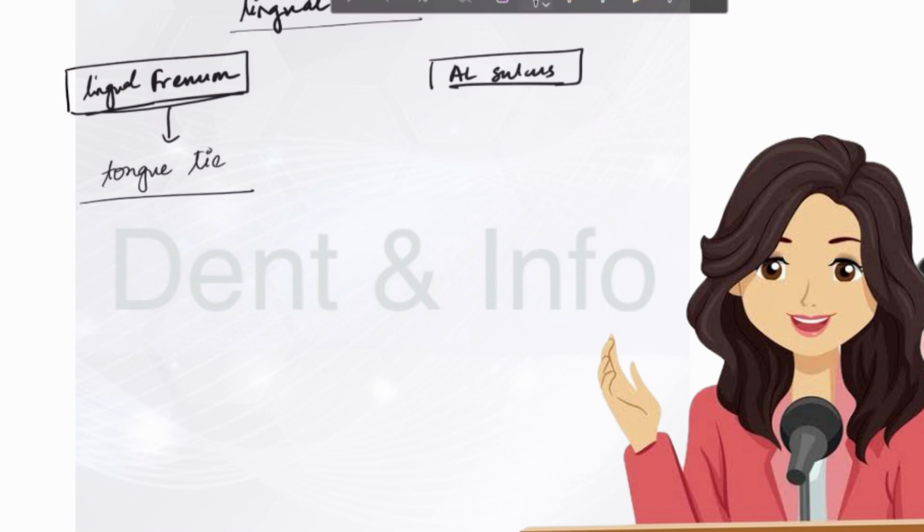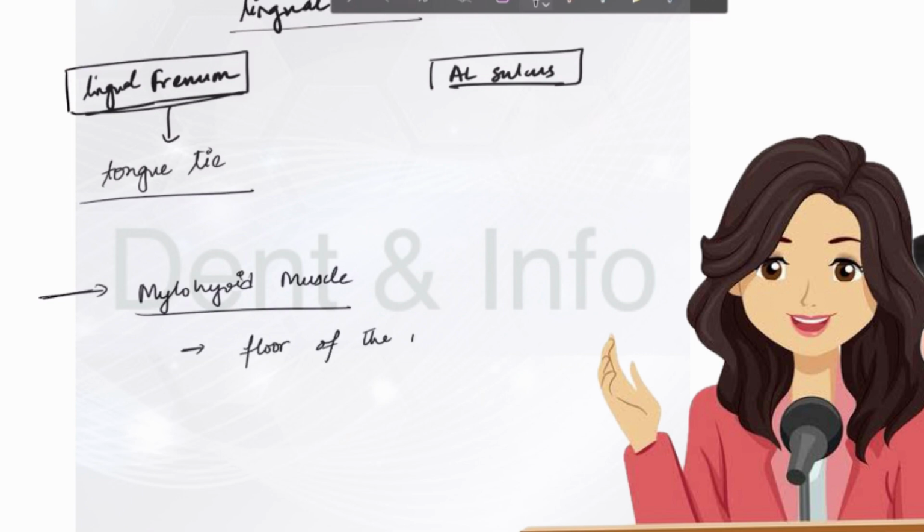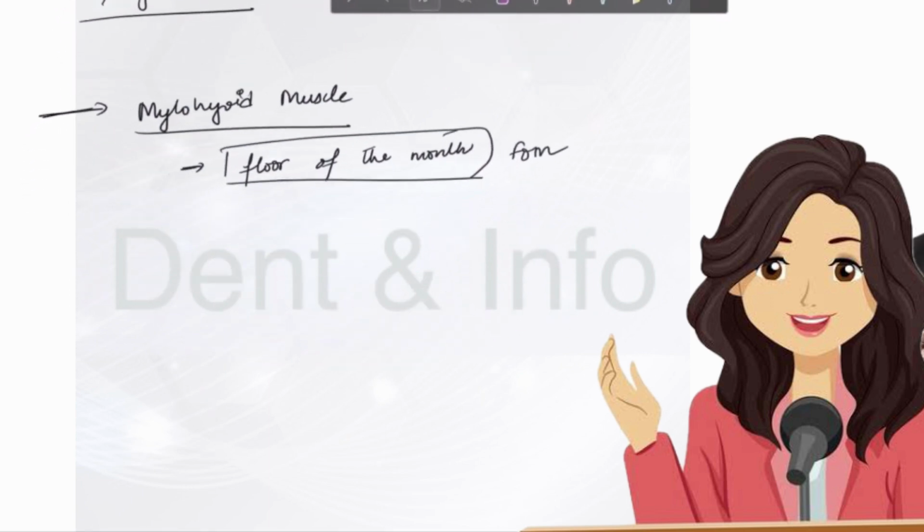But what I'm interested more is discussing about your mylohyoid muscle. Now, all of you are aware, mylohyoid is the muscle which makes the floor of the mouth. So the muscle that makes the floor of the mouth, FOM, is the mylohyoid muscle, right? Where does it originate from?